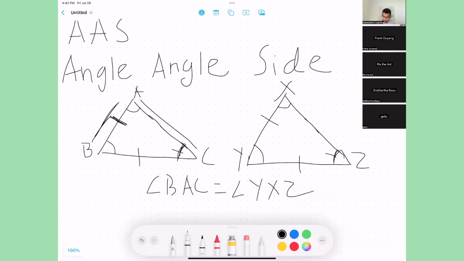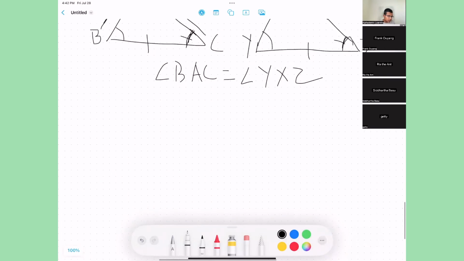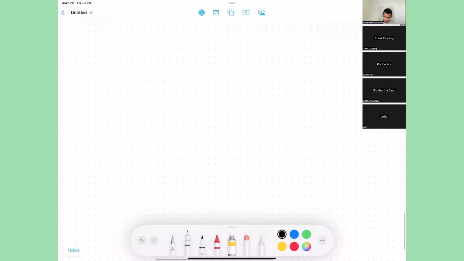So I guess we'll go on to an example problem now. This is more of a conceptual question.